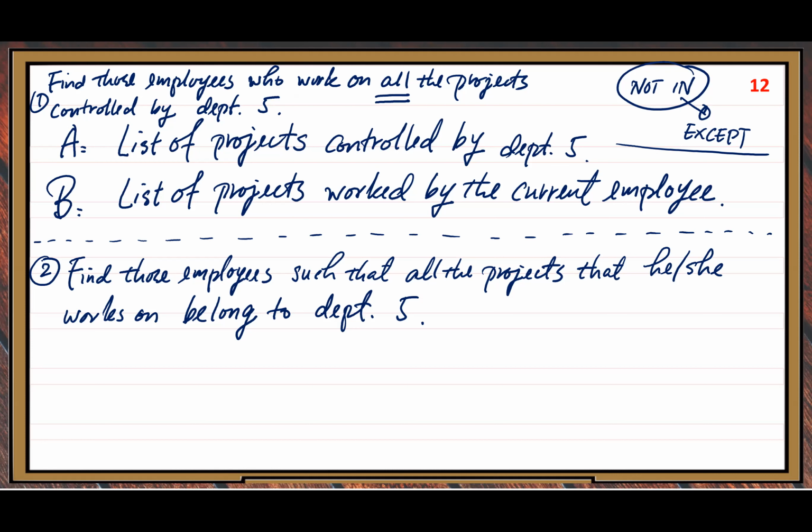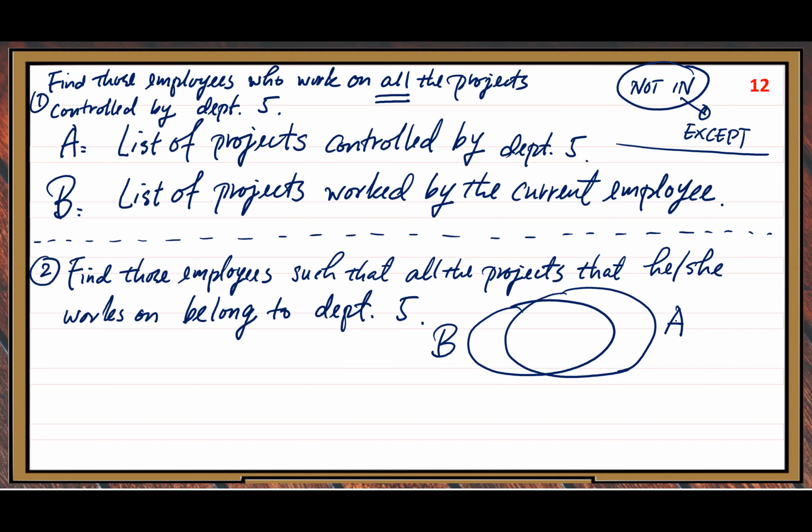Okay, so here you can see the B set, right? All the projects worked on by this employee, that's set B. Then all the projects controlled by Department 5, that's the A set.